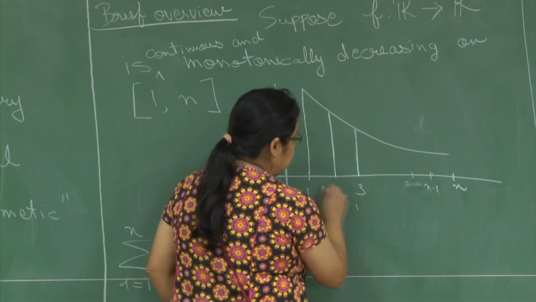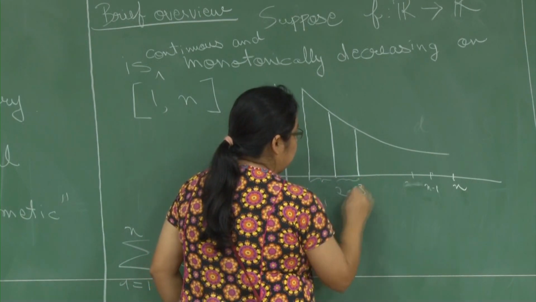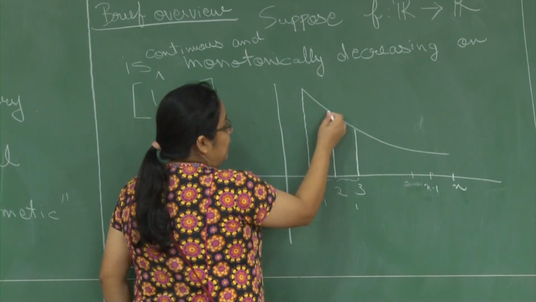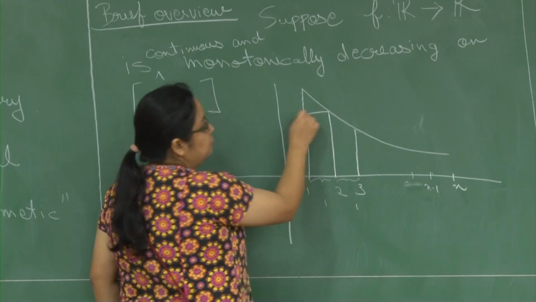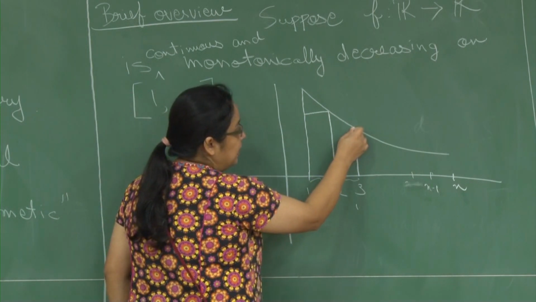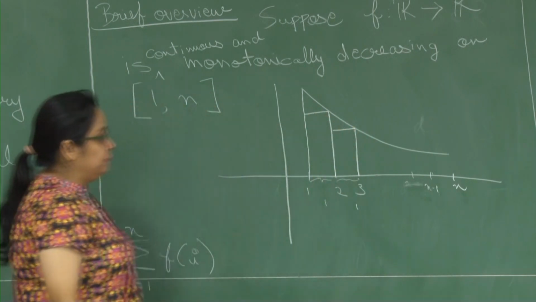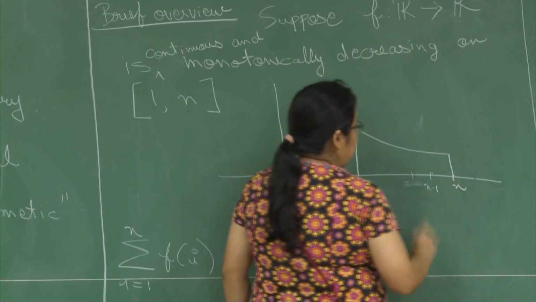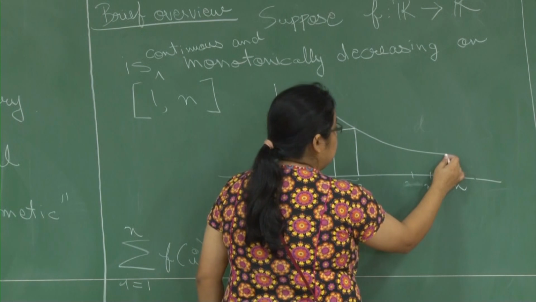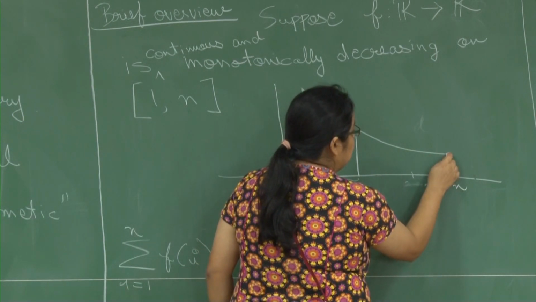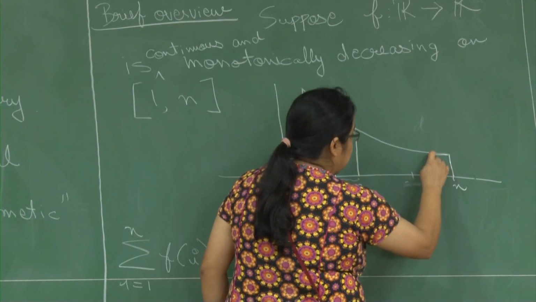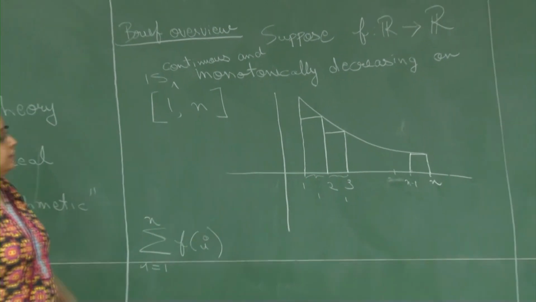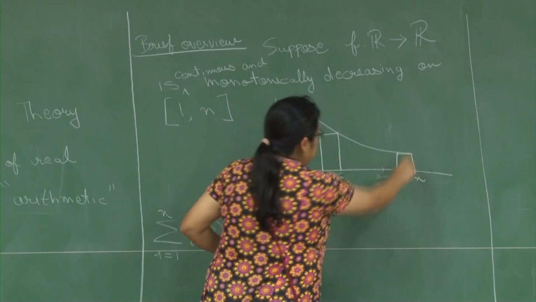So, here the breadth of each of these rectangles is 1, and let us say you have a rectangle whose length is f of 2, then you have another rectangle whose length is f of 3, and finally you have a rectangle whose length is f of n.